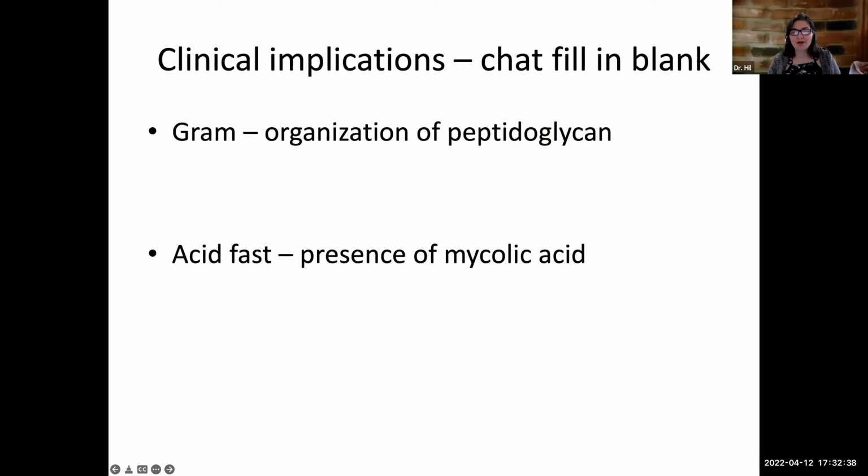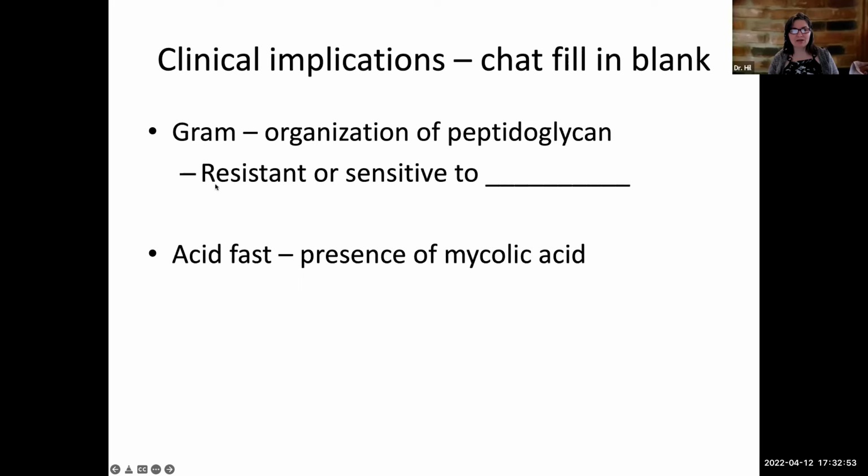Okay, now there are reasons clinically that we care about these two stains. They're widely used for very specific and understandable reasons. Why would we care about the organization of peptidoglycan? It tells you whether or not something's gram-positive or gram-negative. And if it is gram-positive or gram-negative, then we know that it is resistant or sensitive to what?